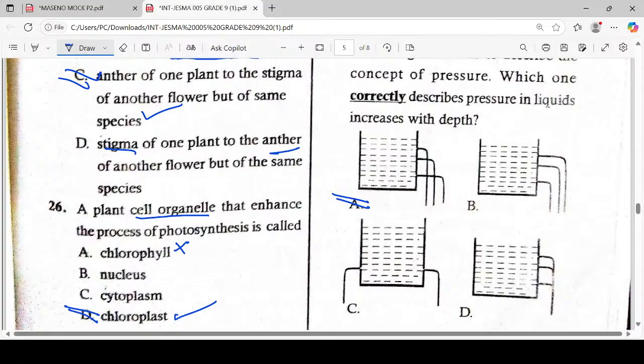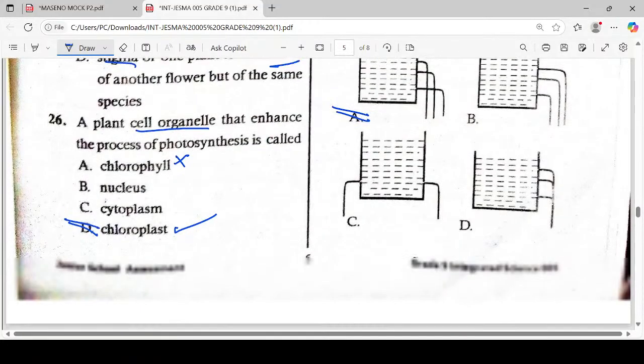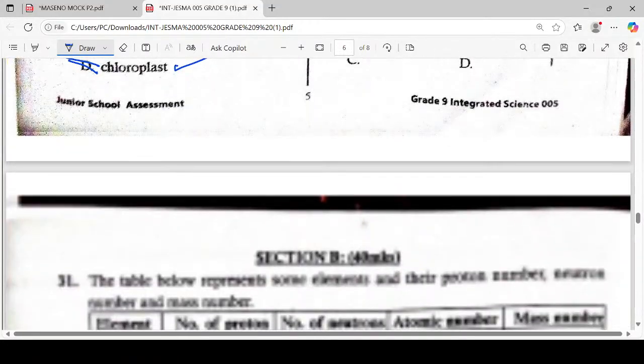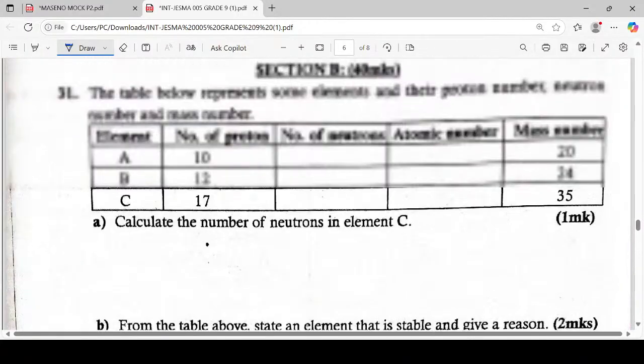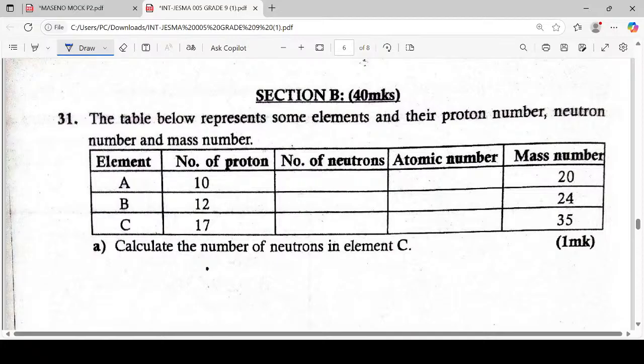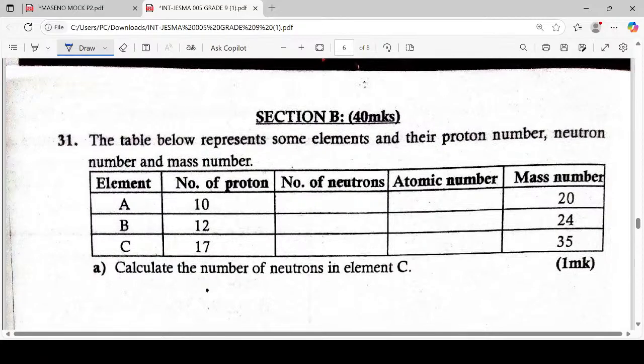Let's look at the next question, question number 31. The table below represents some elements and their proton number, neutron number, and mass number. You can see the table: element, number of protons, number of neutrons, atomic number, and mass number.